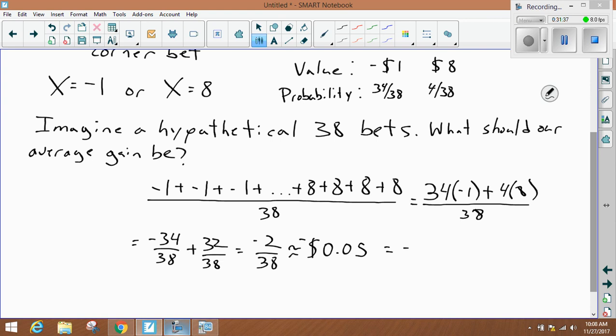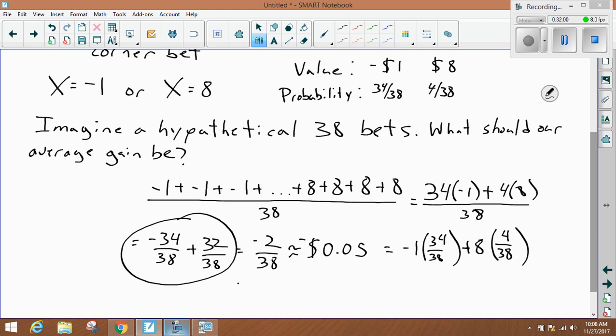So this is our x. -1 times 34 over 38 plus 8 times 4 over 38. Isn't that what we wound up doing? Right here.